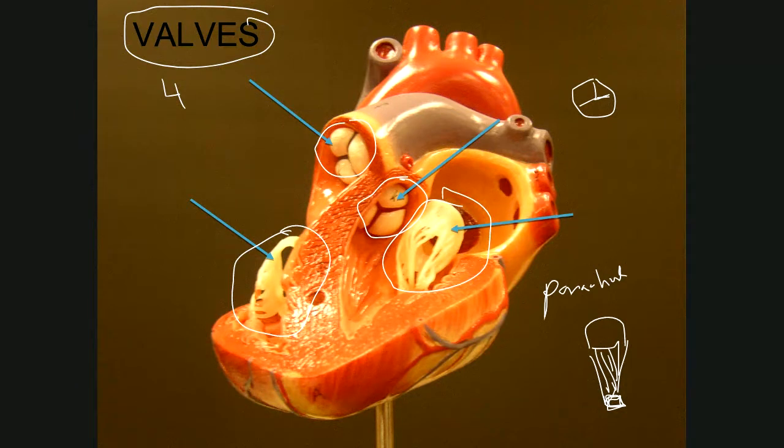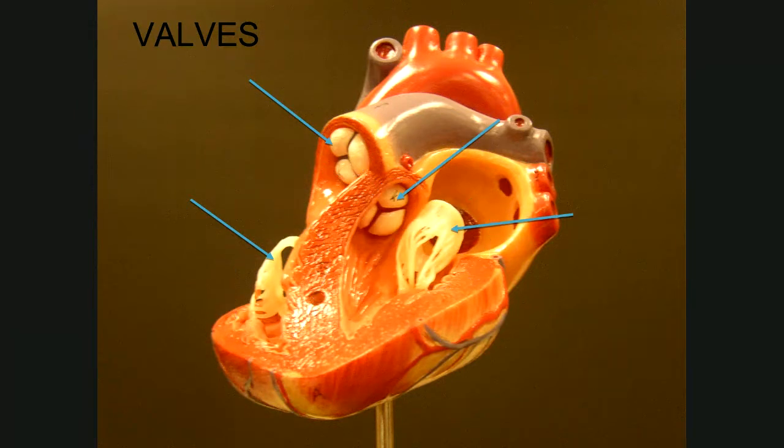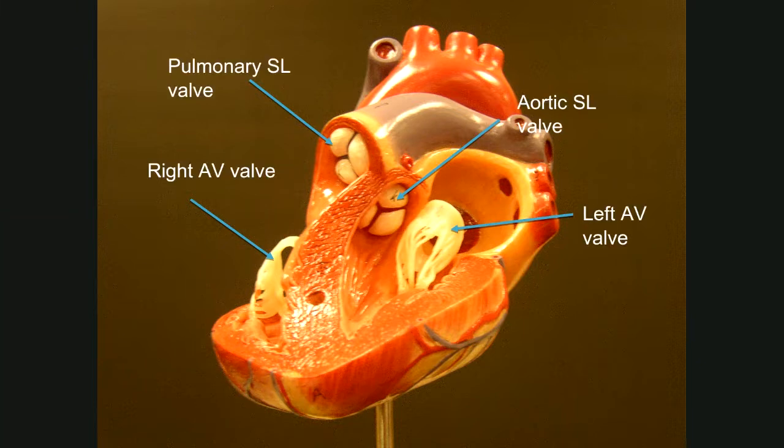So 4 valves. The 2 that look like jellyfish, the 2 that look like parachutes, are called AV valves. AV stands for atrioventricular, because that's exactly where they're located, between the atrium and the ventricle.